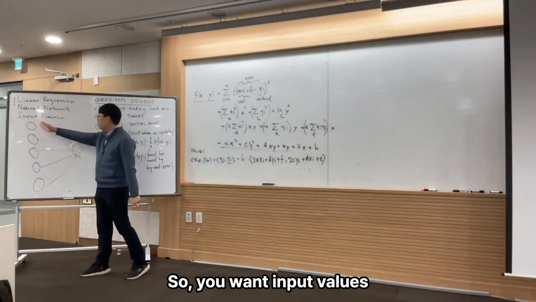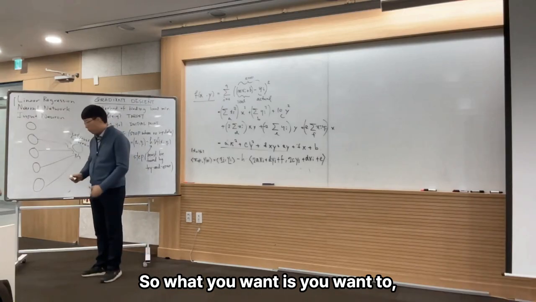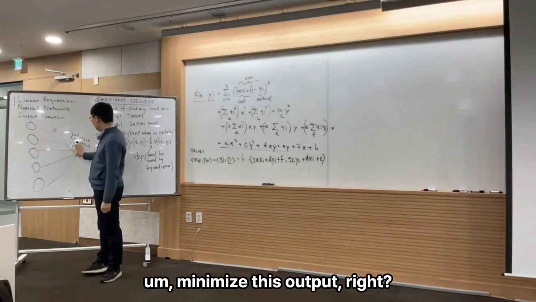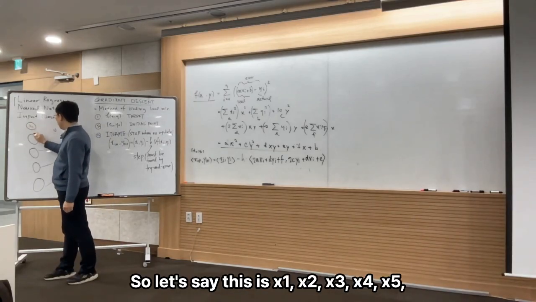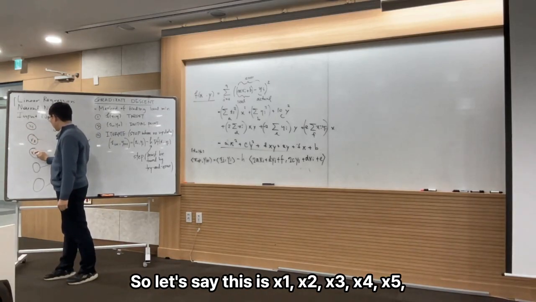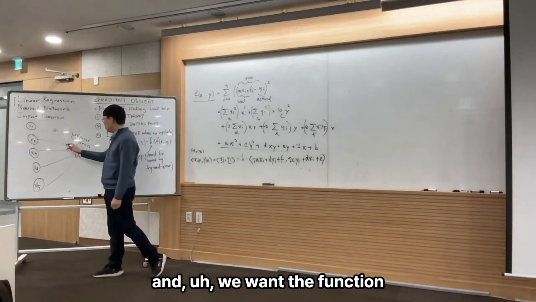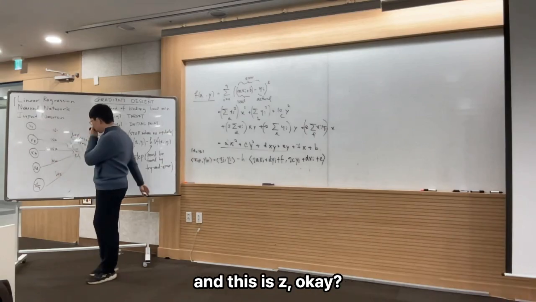So you have input values and you want an output value. What you want is to determine this output, right? So let's say the inputs are x1, x2, x3, x4, x5, and we want the function that gives this output value, and this is z.